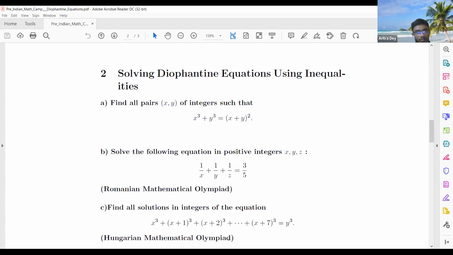This particular approach is one of my favorite approaches. Here we have a very interesting concept, that is proper bounding.